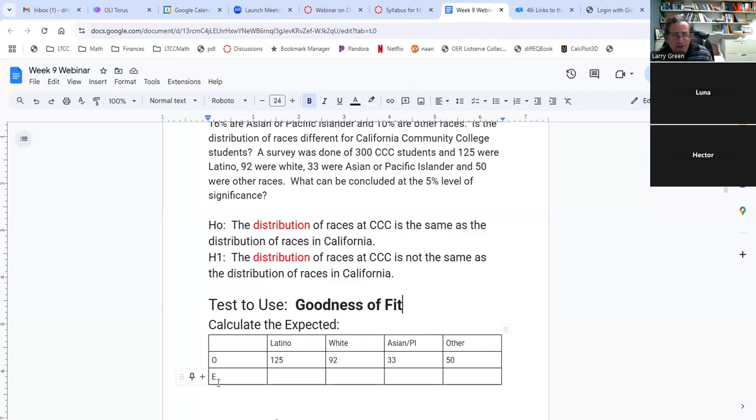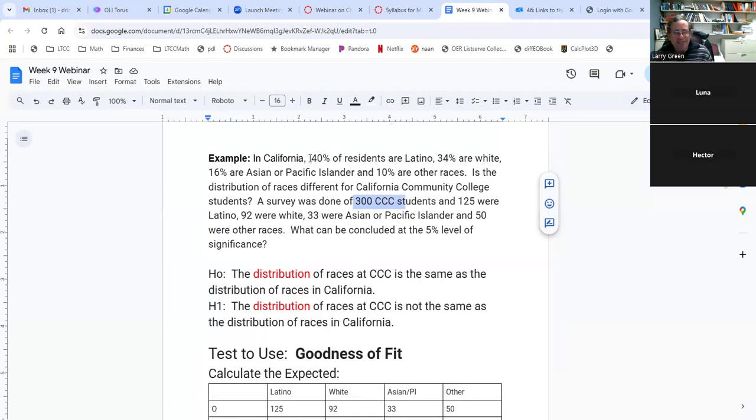Okay, then comes the letter E. The letter E stands for the word expected. And the idea is, what would we expect if we were going to do a survey of 300 community college students and the distribution really is what California's distribution is.